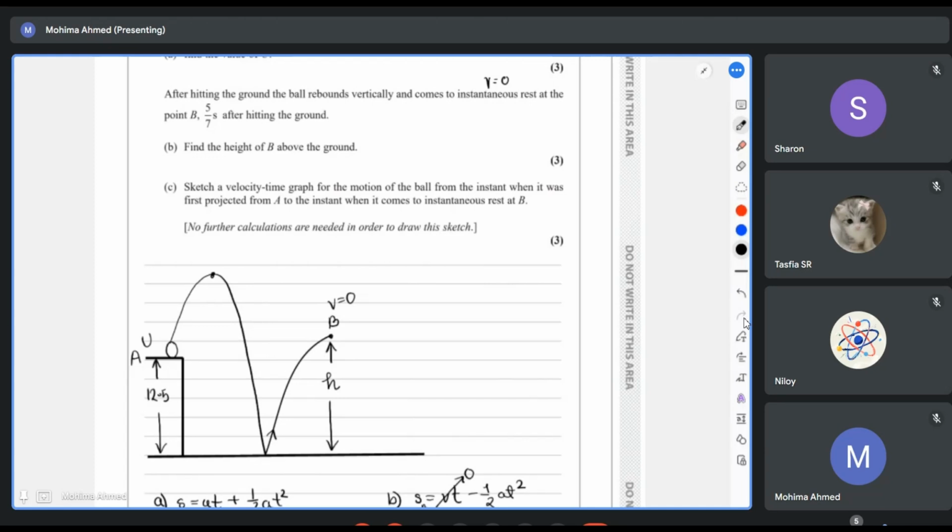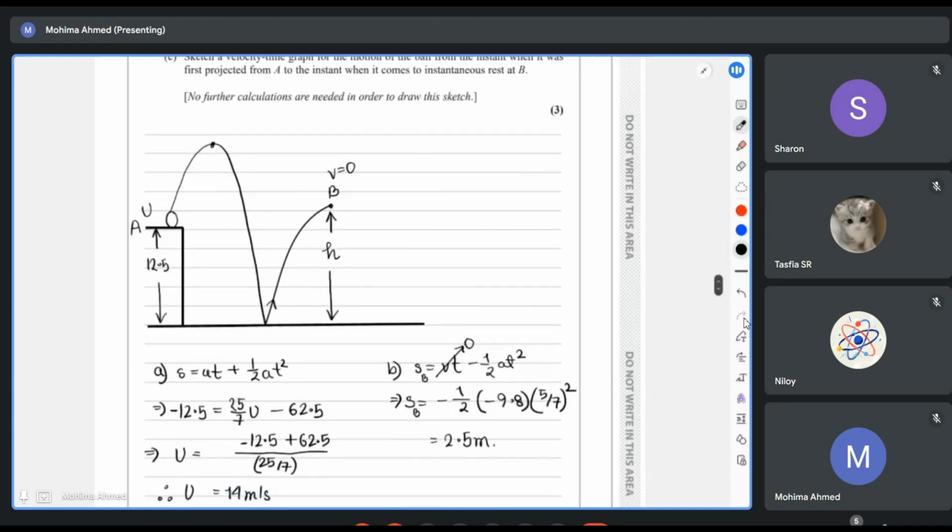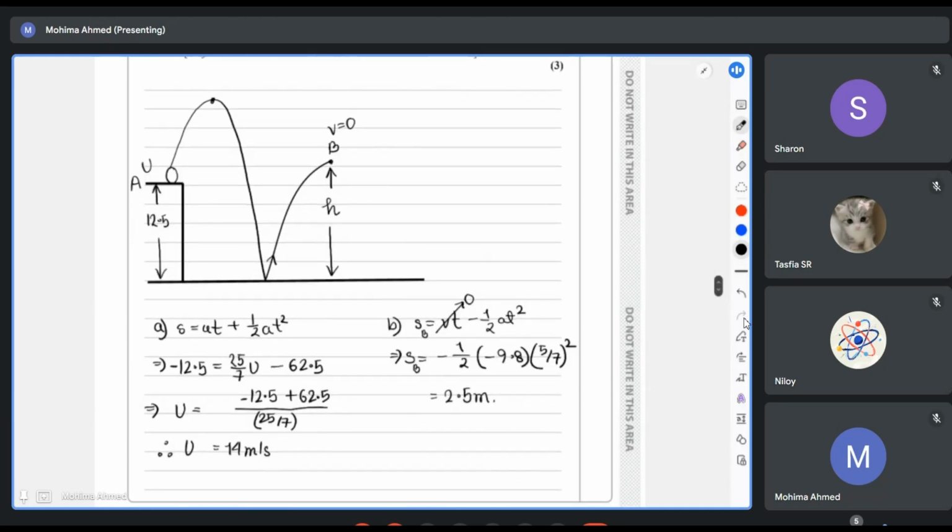Okay. Now, over here, what usually happens is that the velocity with which you hit the ground is usually the velocity with which you are going to rebound from the ground. That is the overall assumption in all cases. So this u and v, okay, small u and small v, are actually equal to each other.